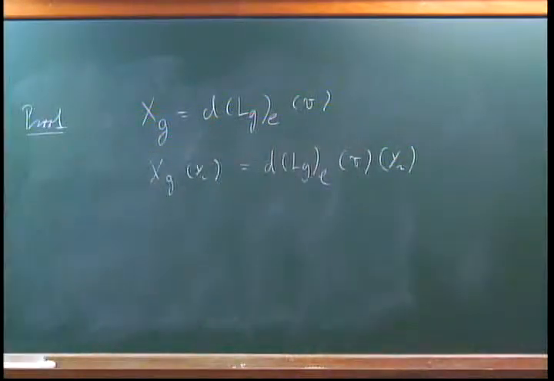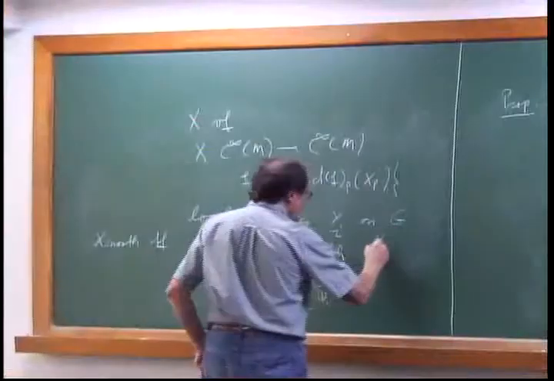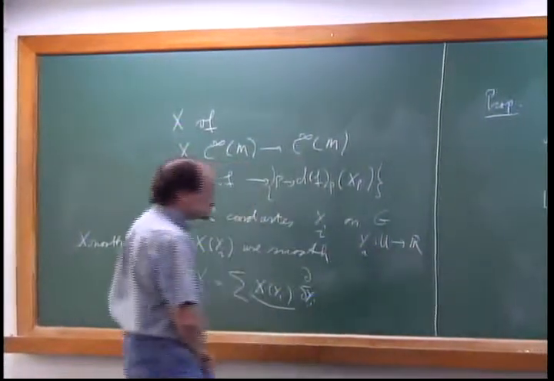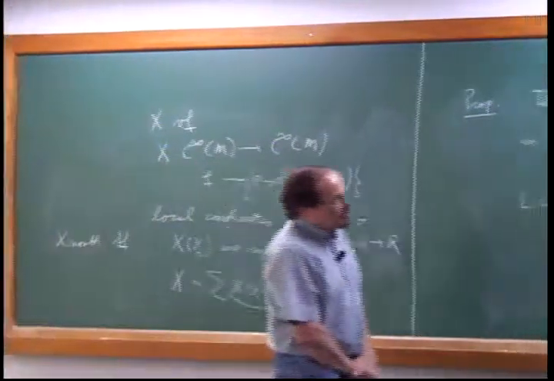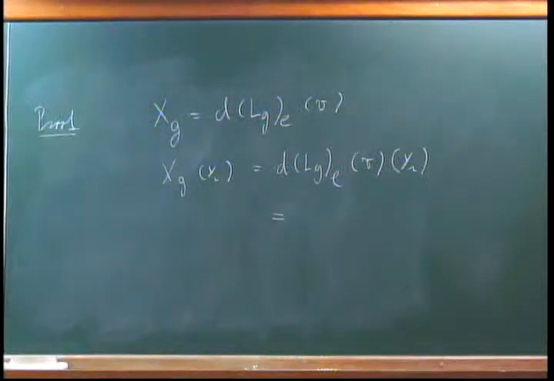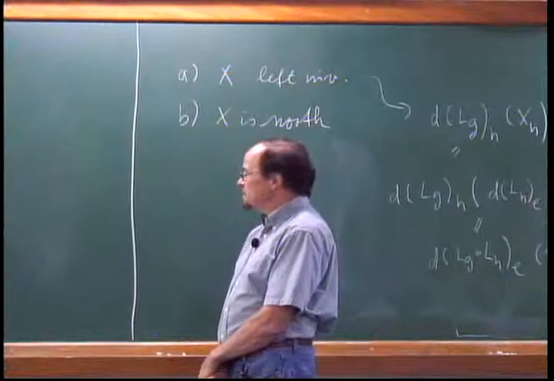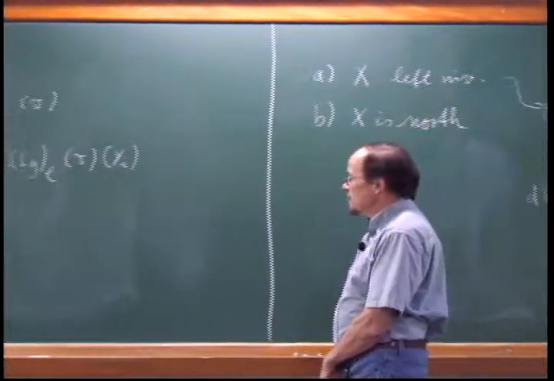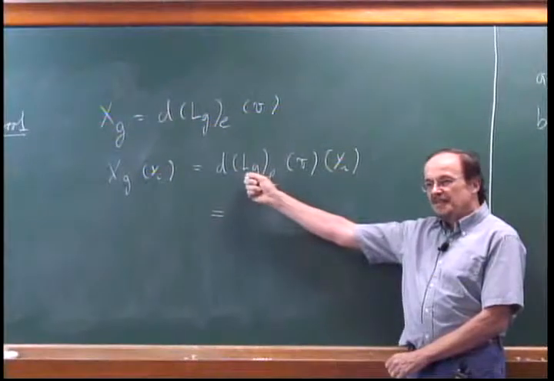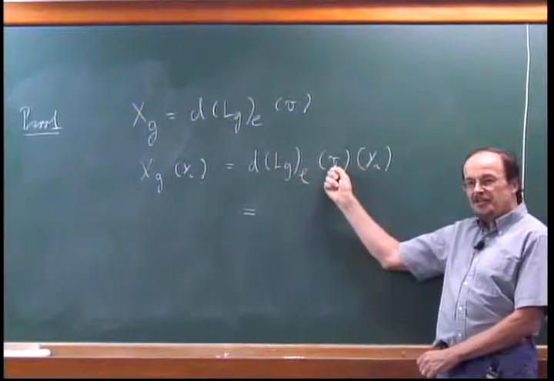So your yi go from an open neighborhood into the reals, my coordinates. And now to apply the chain rule for derivations. Do you remember how that goes? So v is a derivation, right? This is a diffeomorphism. I apply a diffeomorphism to a derivation, I get a new derivation.